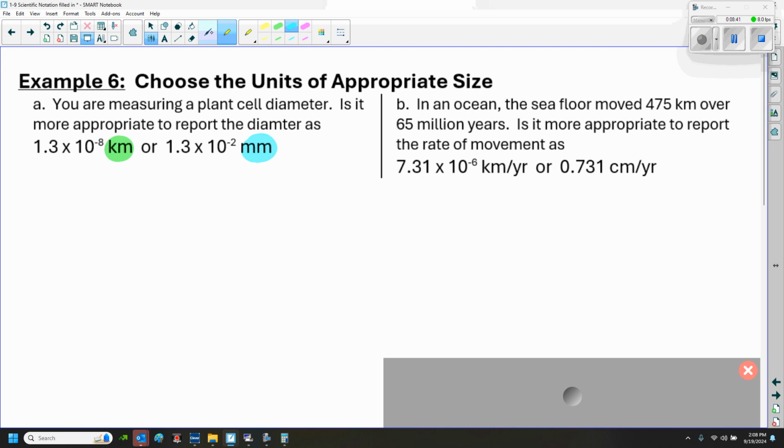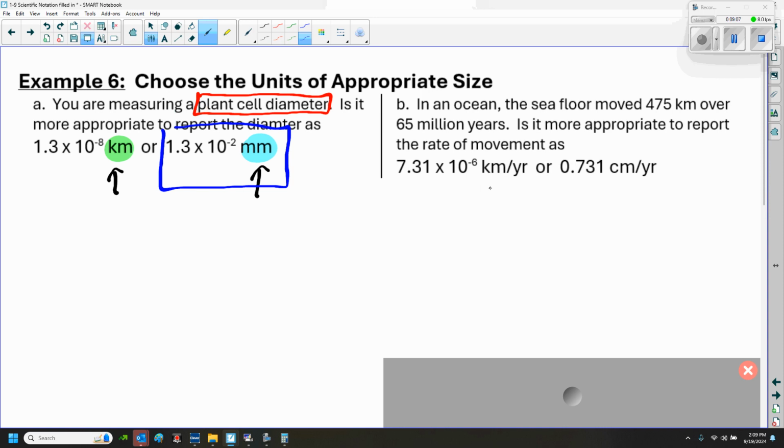Okay? Now, if you think about the size of a kilometer and a millimeter, and you think about what we're measuring, a plant cell diameter, are we going to use kilometers or millimeters? We're going to use millimeters. So the best answer would be this one.